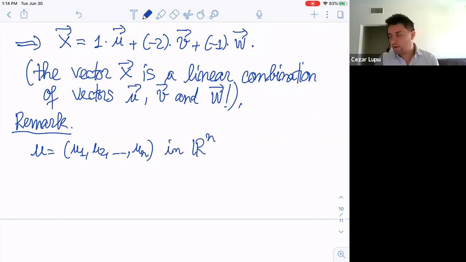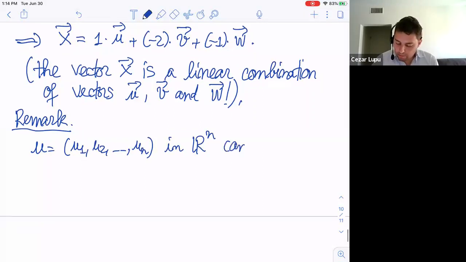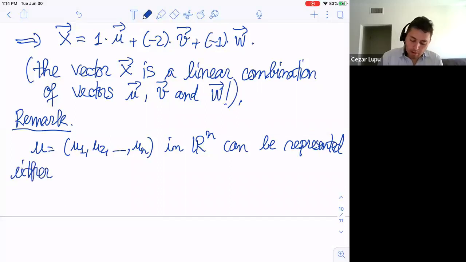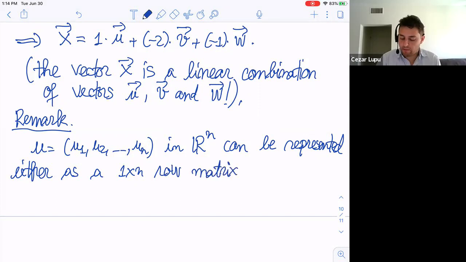Sometimes it's good to represent it either as a 1 by n row matrix. So you can write it in this way, just like we have, or you can say row vector.